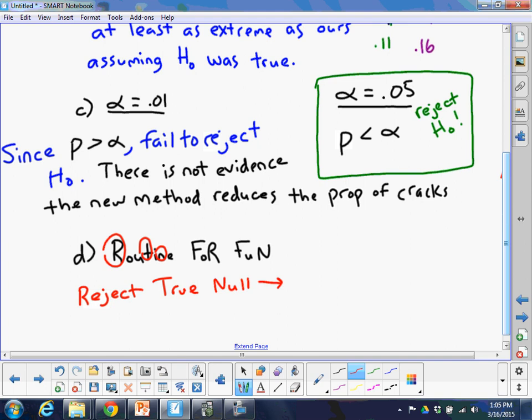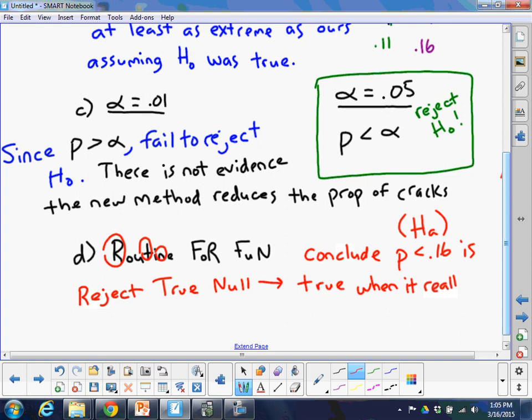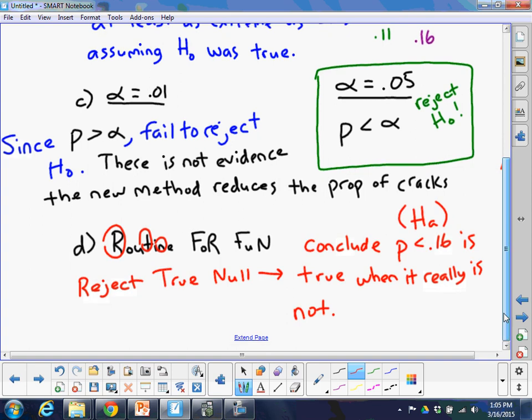So we would conclude that p is less than 0.16, that was HA, is true when it really is not. So we basically concluded that the new method helps reduce the proportion of cracks.